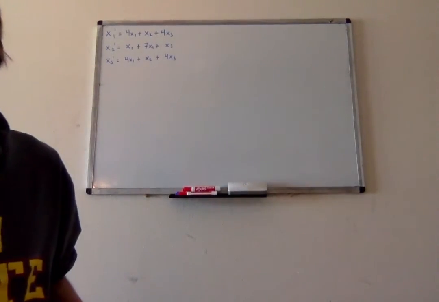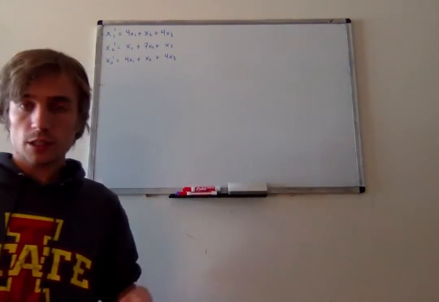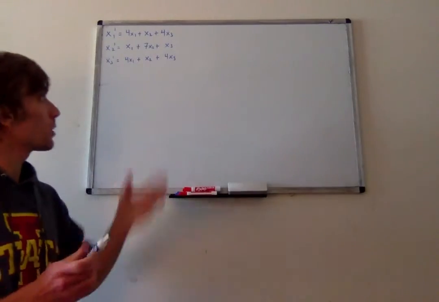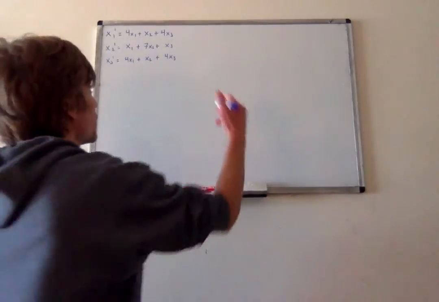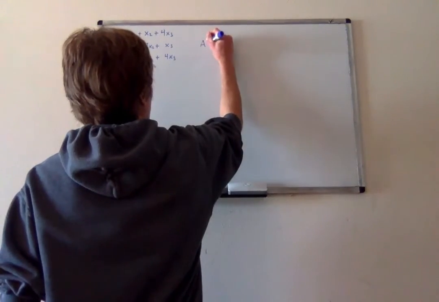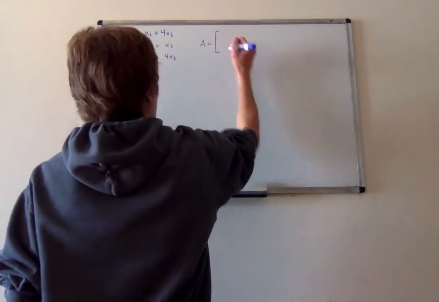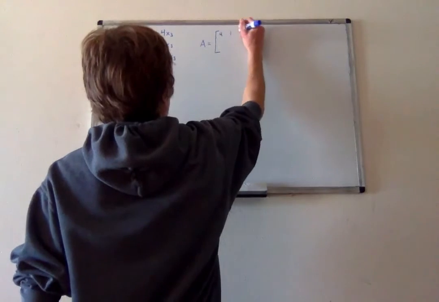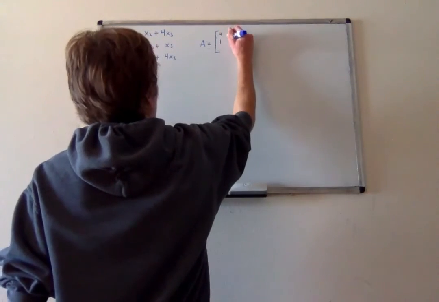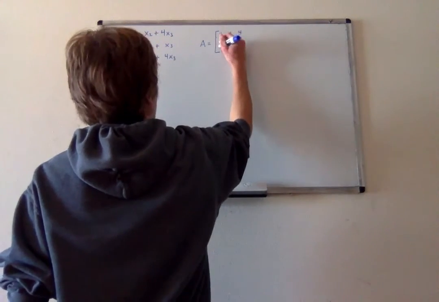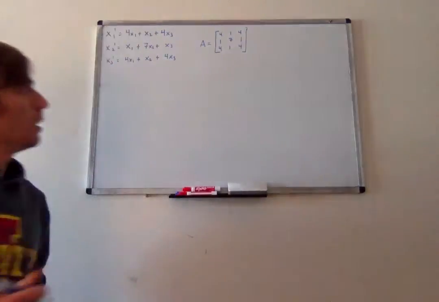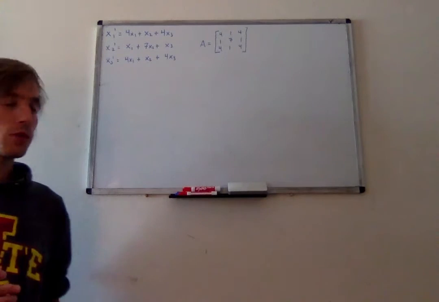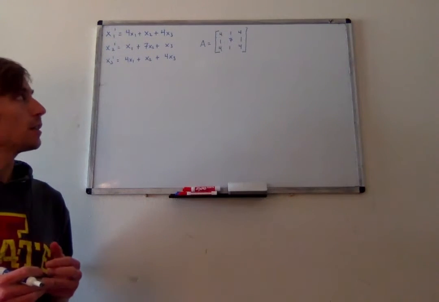So to find a solution to this, first thing we're going to do is set up the associated matrix A and calculate its eigenvalues. So there are a couple tricks you might notice right off the bat.